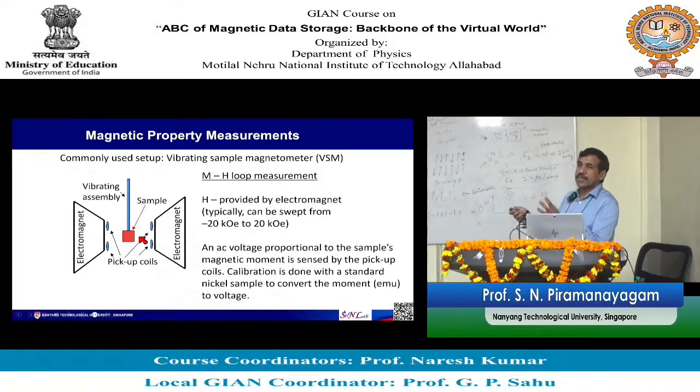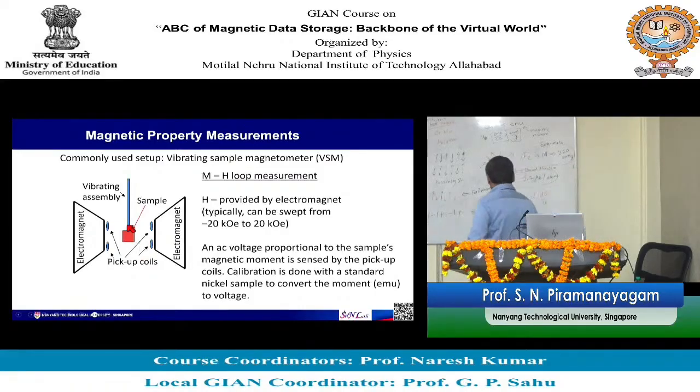We can change the direction, and by changing the current that we send to the electromagnet, we can also change the magnitude of the magnetic field. So, that is the purpose we have electromagnet.